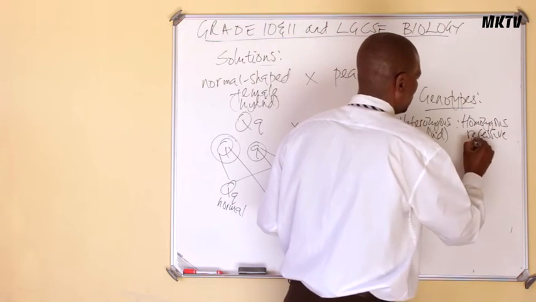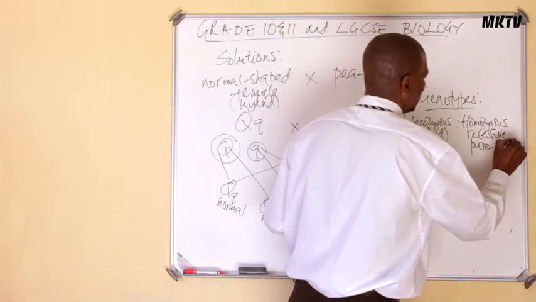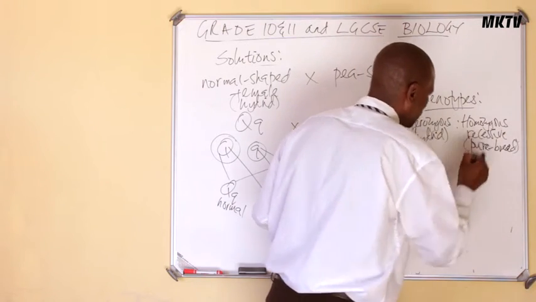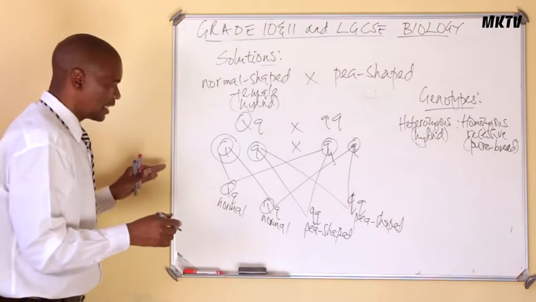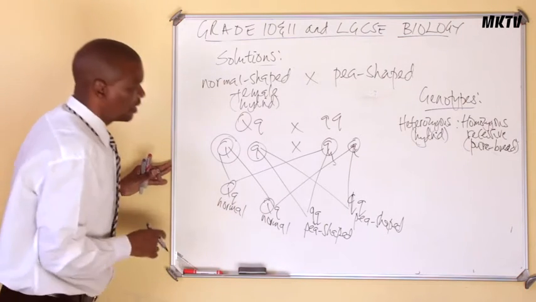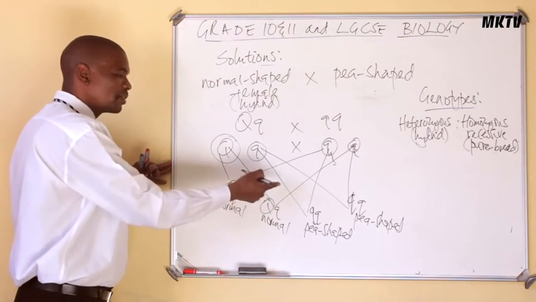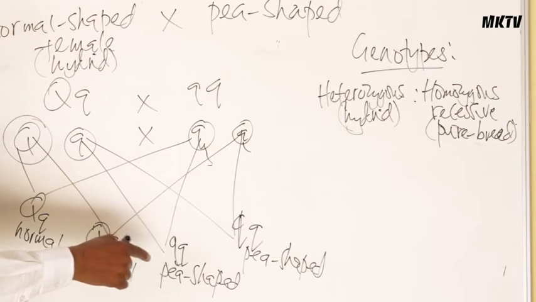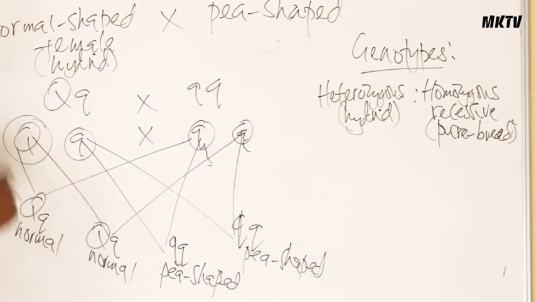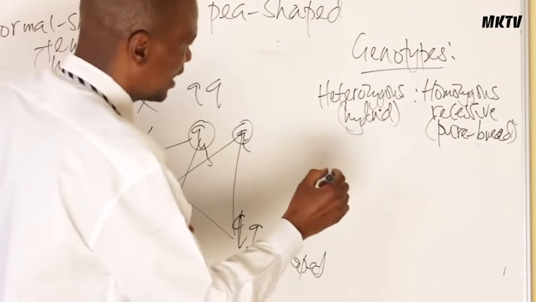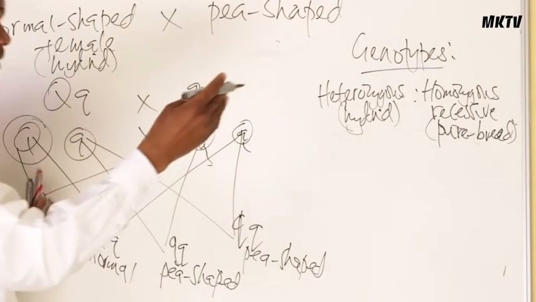Those are the 2, unless you see any other. I can only see those 2. I can only see a capital Q and a small q, and then we have got small q. Those are the only genotypes that we have.